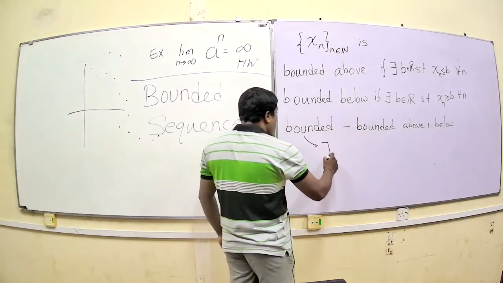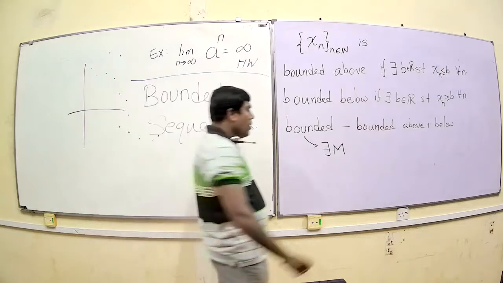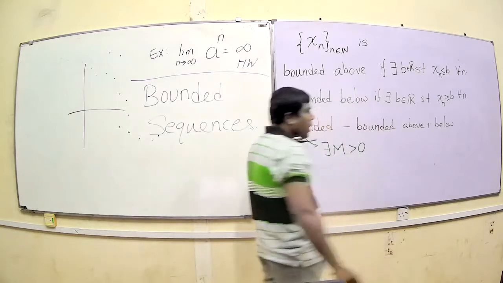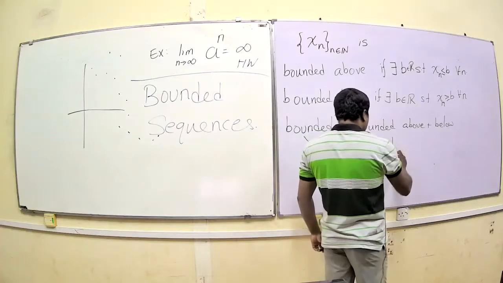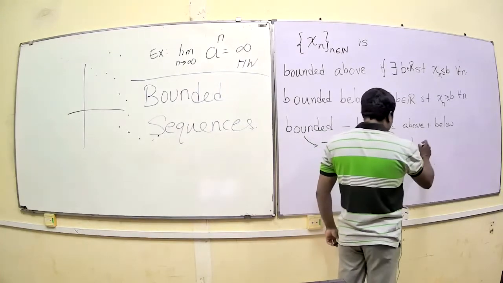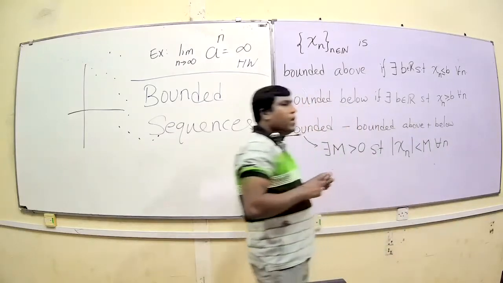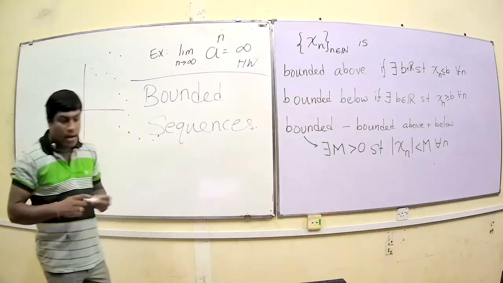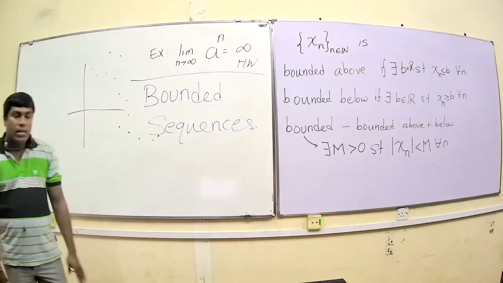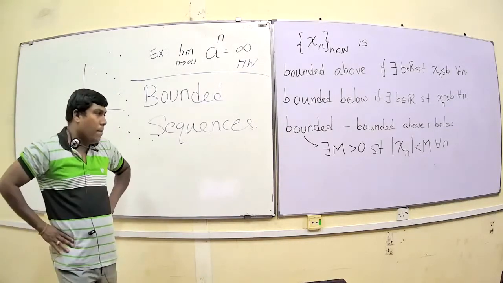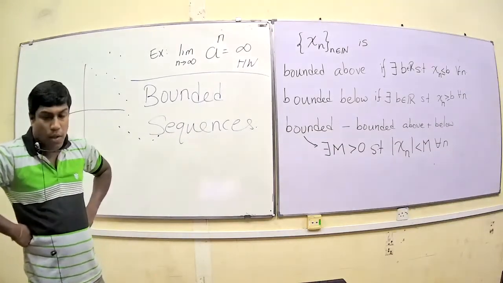So bounded, if there exists a number m, which is a positive number, such that the absolute value of xn is smaller than some fixed value m, then we call it a bounded sequence.